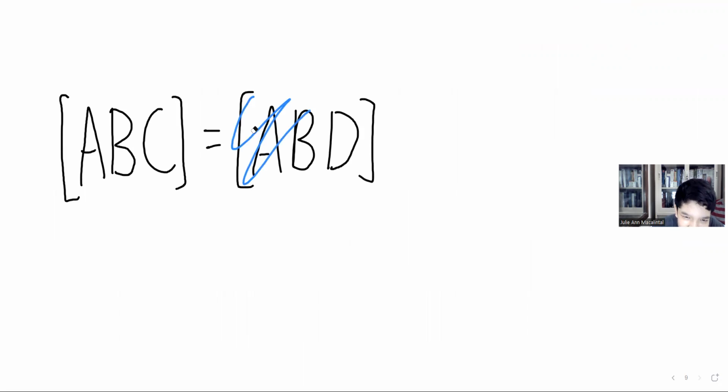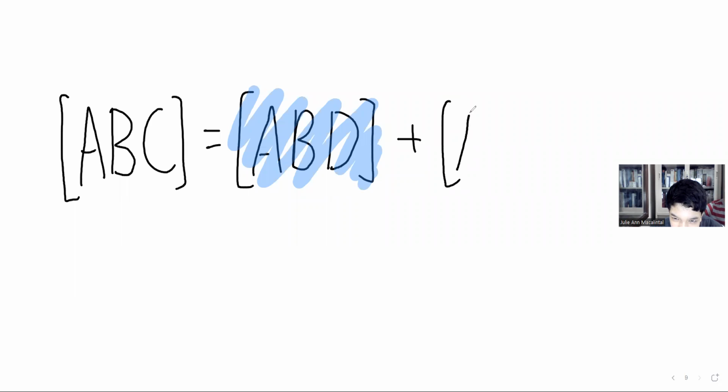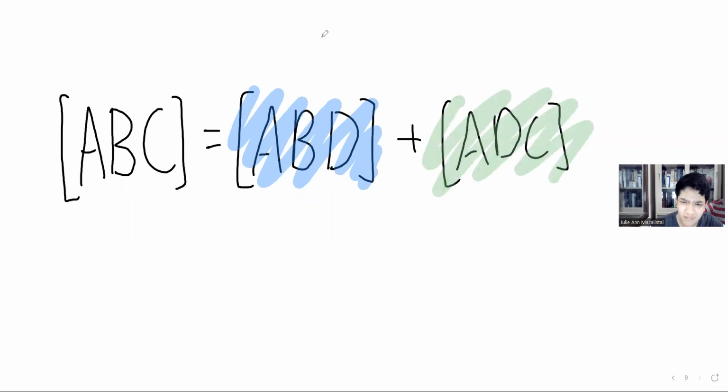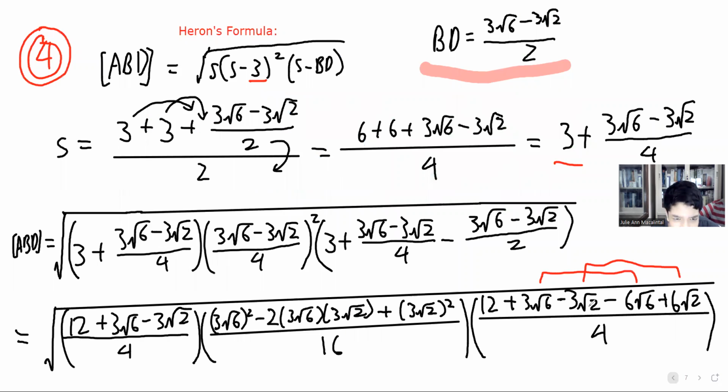Which we already found to be 9/4. What was that we got earlier?